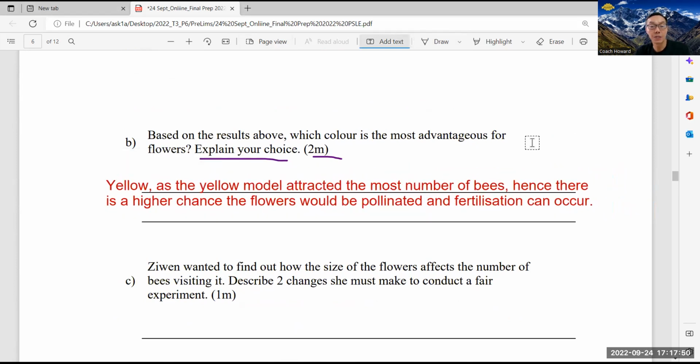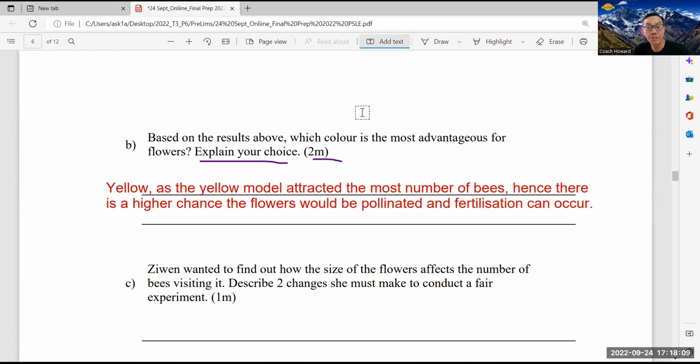So you put yellow, as the yellow model attracted the most number of bees, hence there is a higher chance the flowers would be pollinated and fertilization can occur. Because they are asking you to explain your choice. That's when they say in real life, why is this good for the flower?